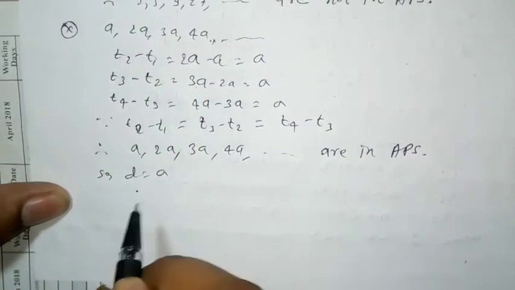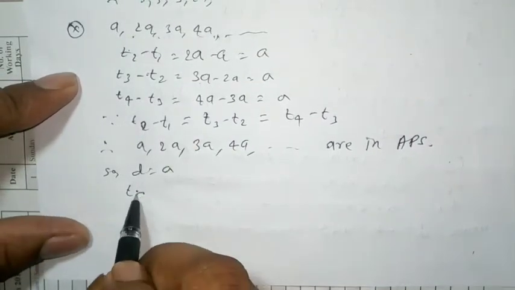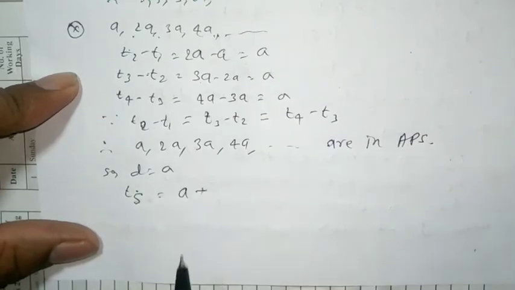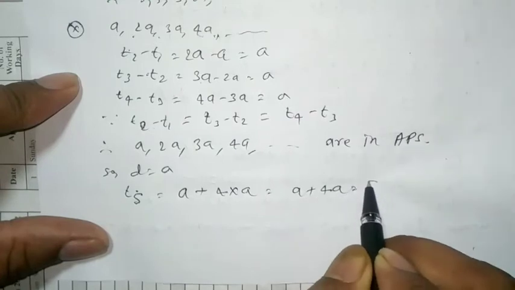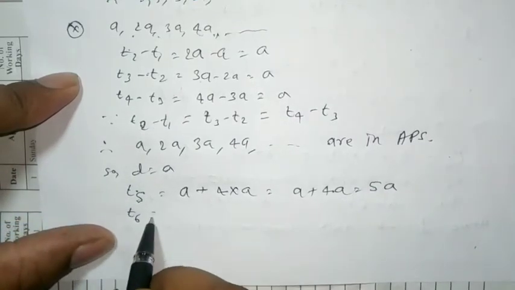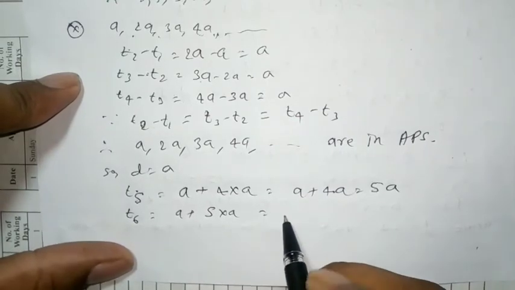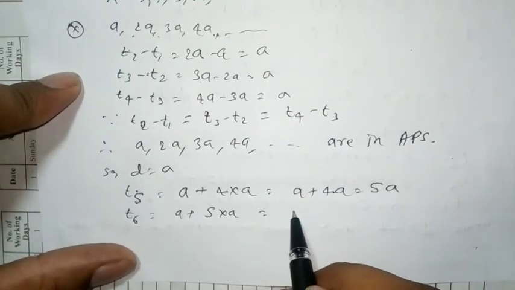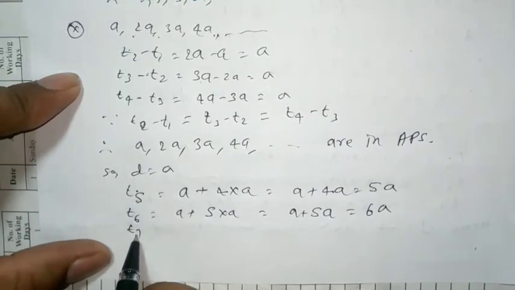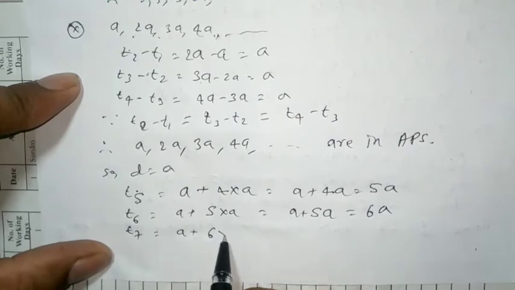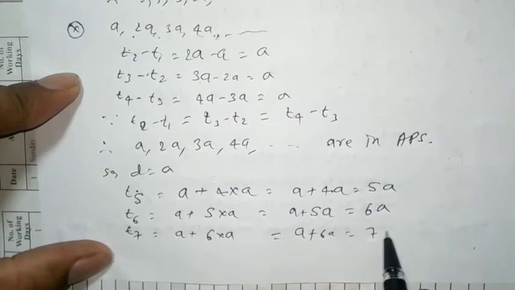So d is equal to a, which means the next terms: T5 is equal to a plus 4d, is equal to a plus 4a, is equal to 5a. T6 is equal to a plus 5 into a, is equal to a plus 5a, is equal to 6a. T7 is equal to a plus 6 into d, it means 6 into a, so a plus 6a is equal to 7a.